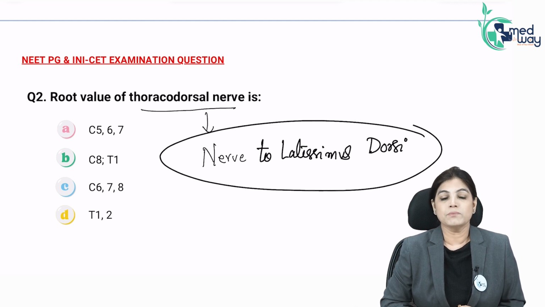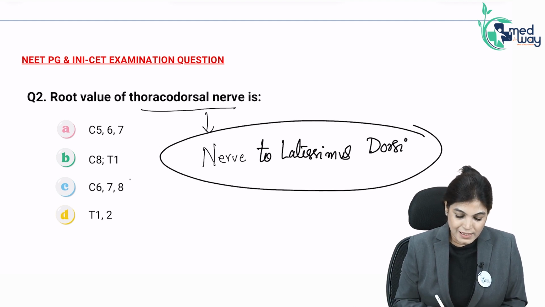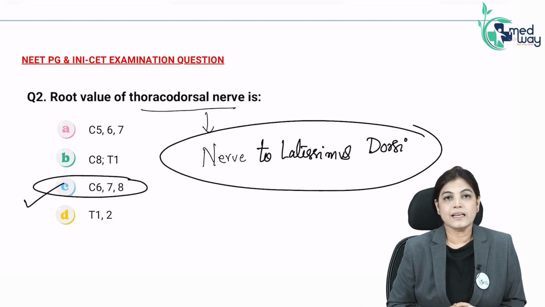It is also called the climber muscle, and the root value is C6, C7 and C8. What is the root value of thoracodorsal nerve, an important branch from the posterior cord of brachial plexus? C6, C7 and C8.